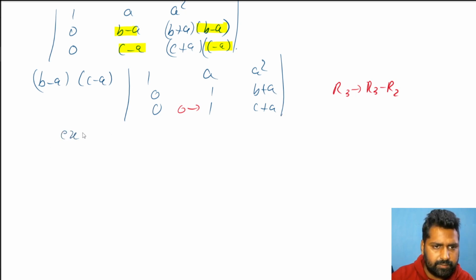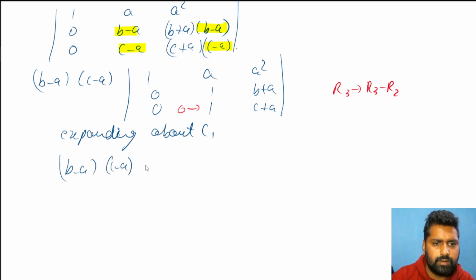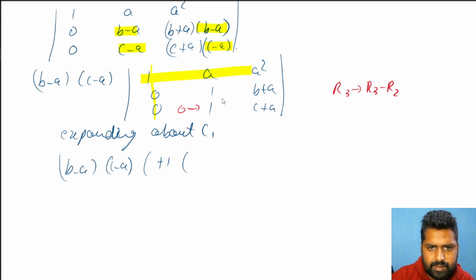So expanding about C1. So b minus a, c minus a, then while expanding the determinant, it will become plus 1 into, so leave the first row, first column, this we have to solve. So c plus a minus b minus a, or minus of b plus a, negative you take common.